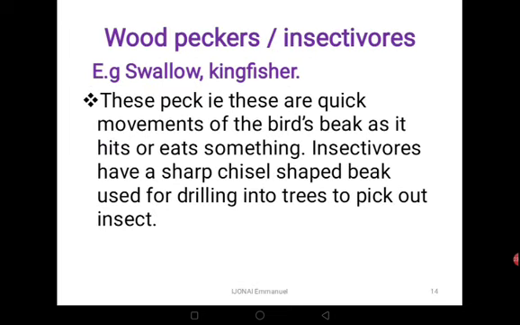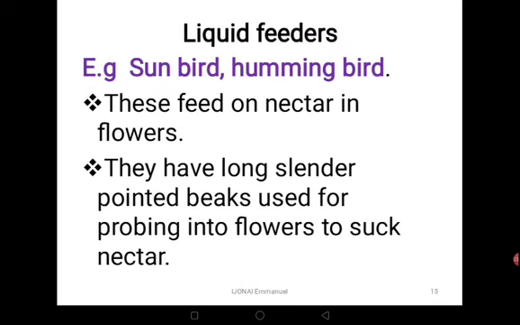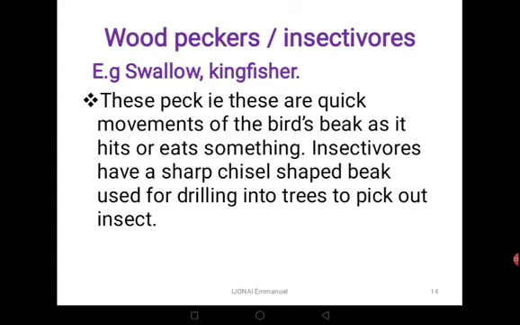And then we have woodpeckers, another group of insects eaters called the woodpeckers or insectivorous. You would ask the question, why do they peck the wood? They peck the wood to remove insects. For example, the kingfishers, the swallows, and so on. They have quick movements of the beak as it hits or eats something.